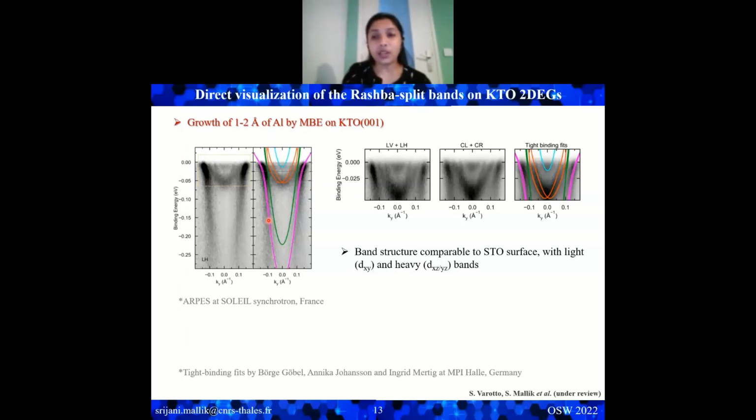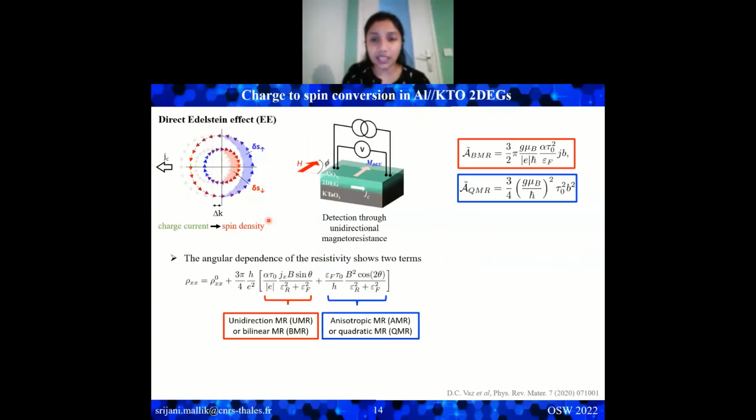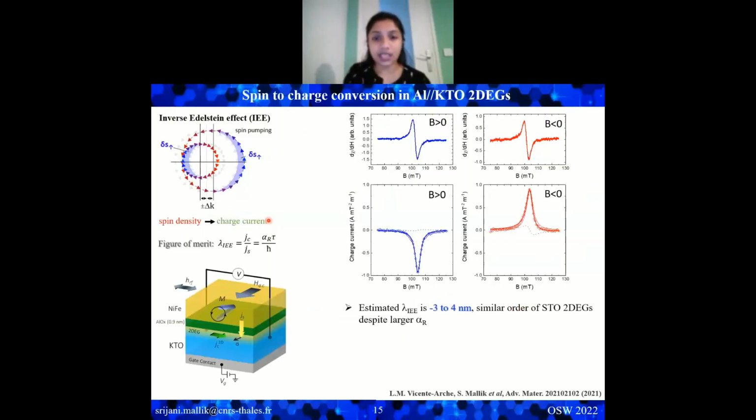If your alpha is negative, then for the positive field you will still see negative spin to charge conversion. But if your alpha is positive, then with the positive field you will see positive.